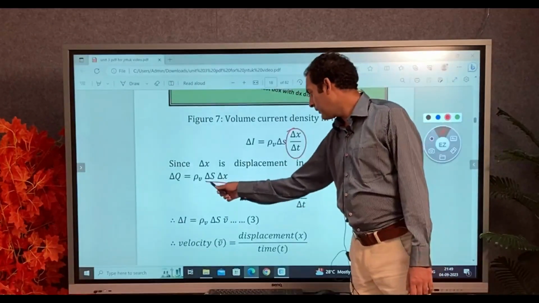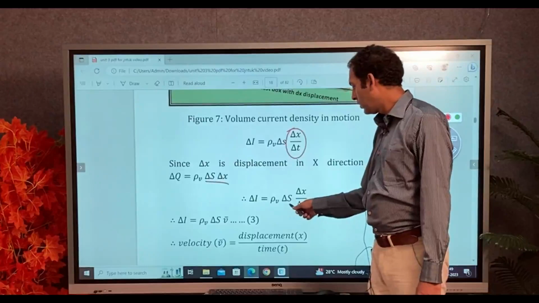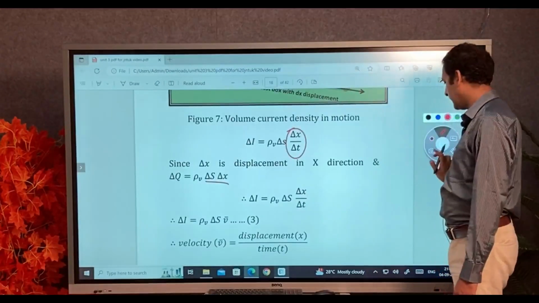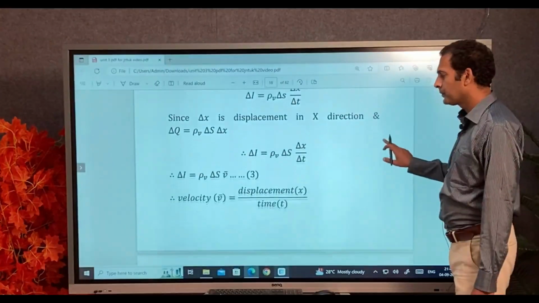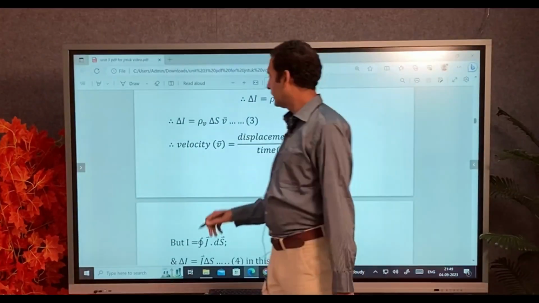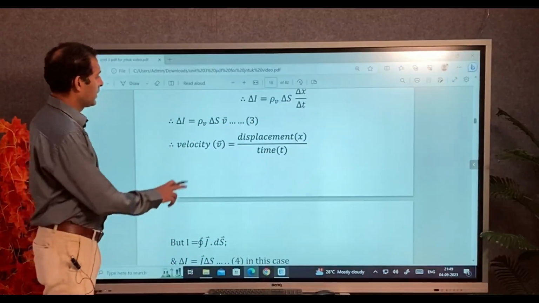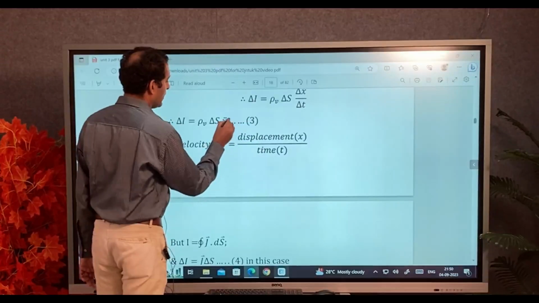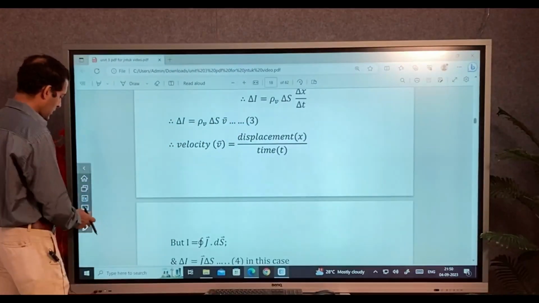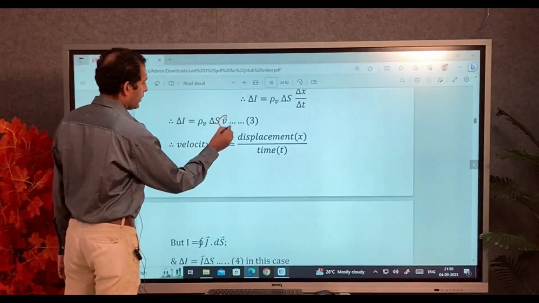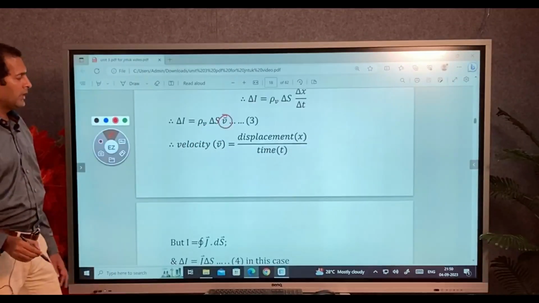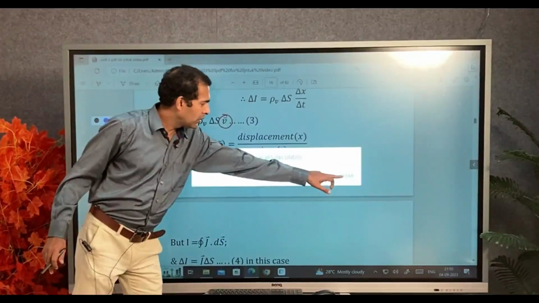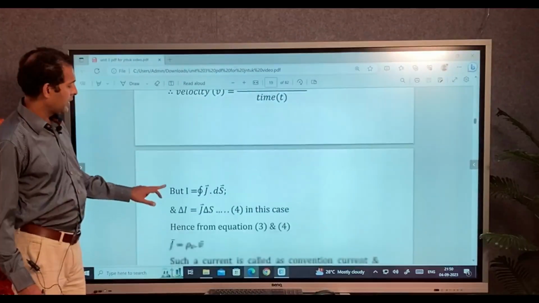So what can we say from here? Current is equal to rho v ds delta x by delta t. So we get delta I is equal to rho v delta s times velocity, where displacement per time is nothing but velocity. Now velocity is added because velocity is displacement per time. Now we got one new term in the equation, that is velocity.